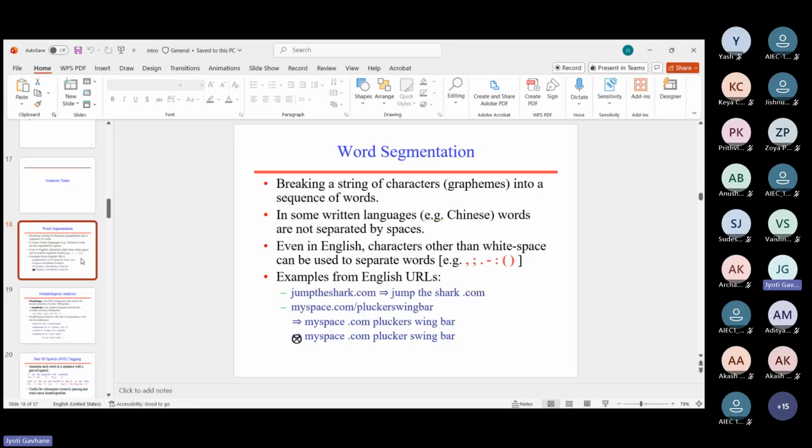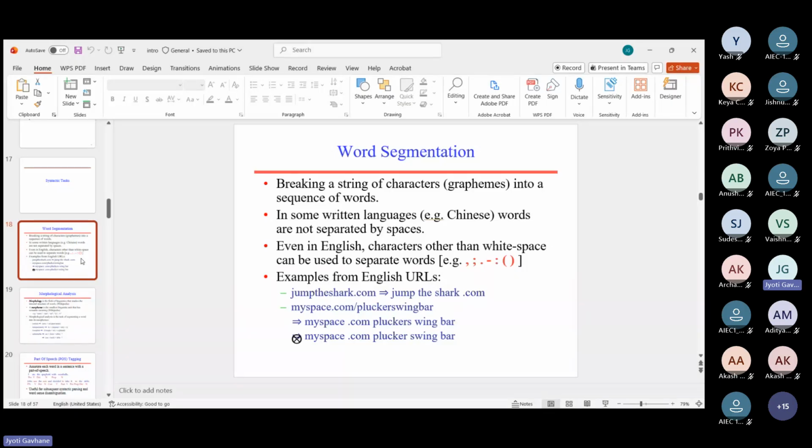So at that time it is difficult or crucial to segment a word. Now, in English also, how do you deal with the words? Either by the space. That is the first rule. The second rule is, if you see some punctuation, like a full stop, comma, semicolon, hyphen, or bracket, likewise you need to understand that now a different word is going to start. So these are some of the hints whenever you give input to a machine.